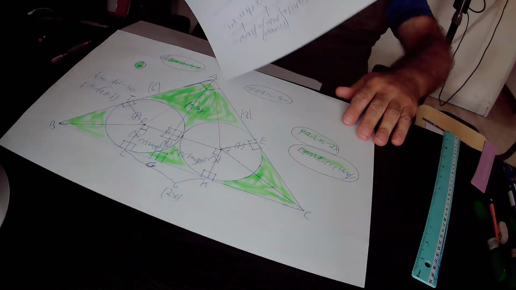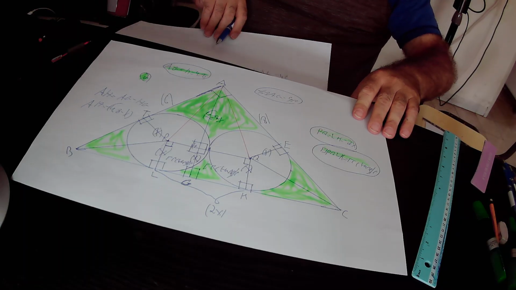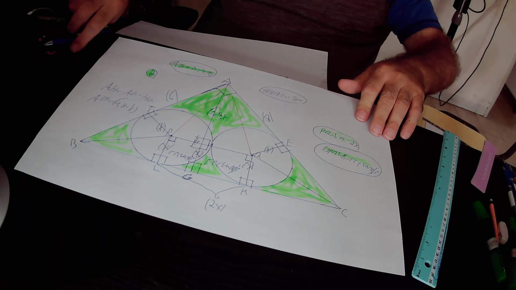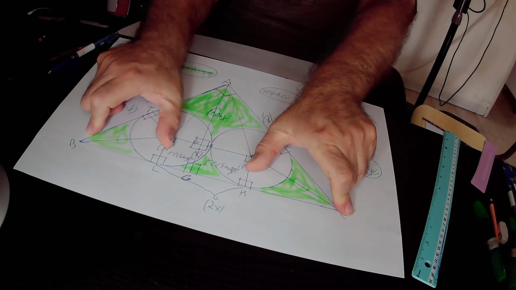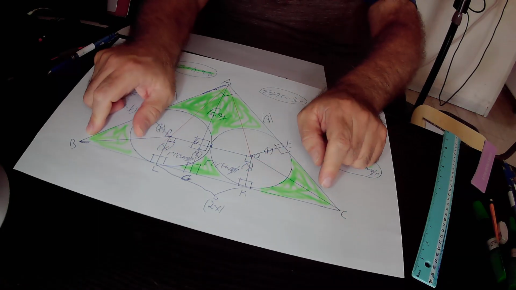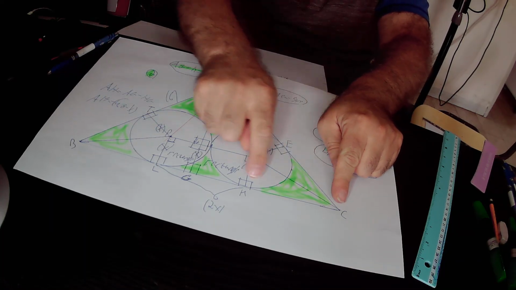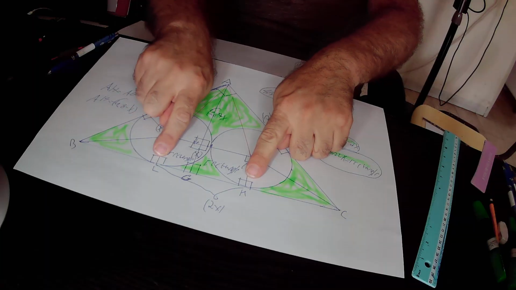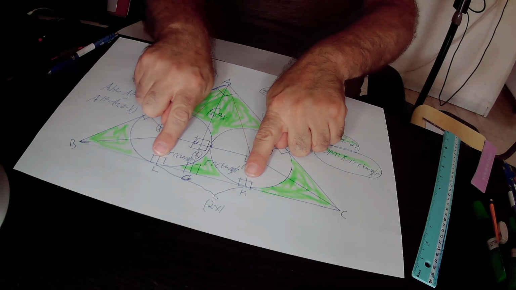So here, this is BL plus KC. What is the value of BL plus KC? It is very easy to see from the drawing that if you remove from side BC this line segment LK, we are left only with BL plus KC.